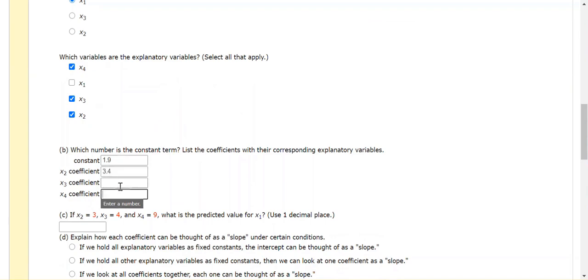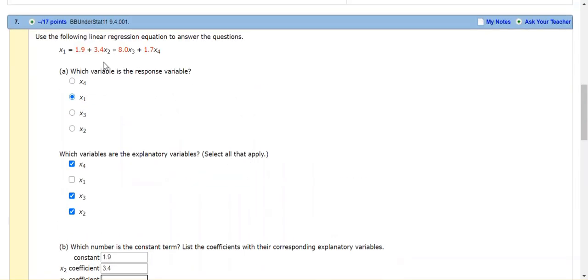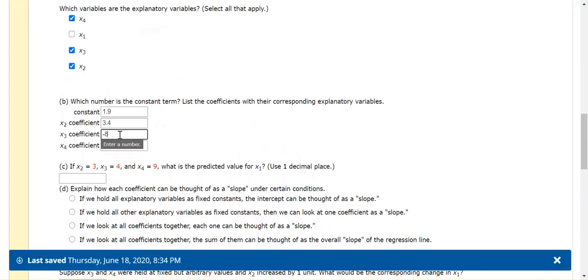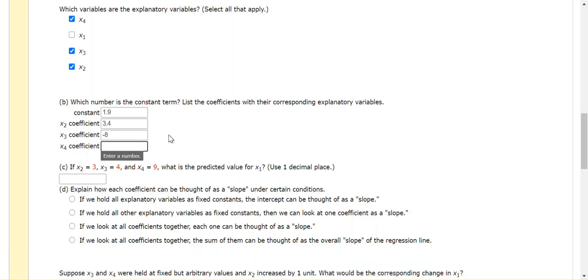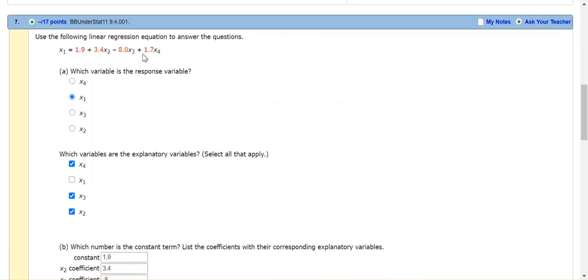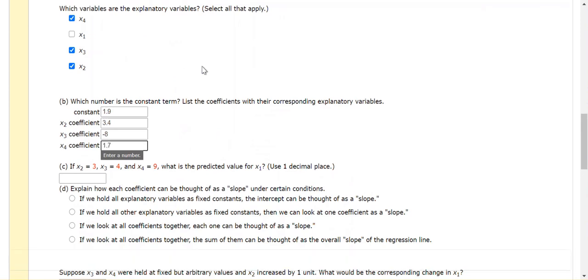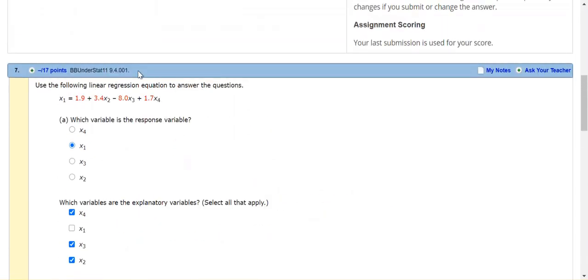The coefficient of x3 is minus 8. And the coefficient of x4 is positive 1.7. That's just reading off the actual model itself.